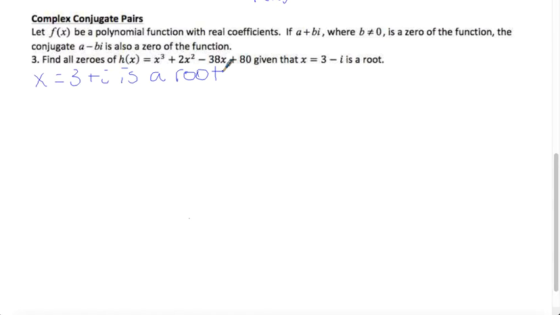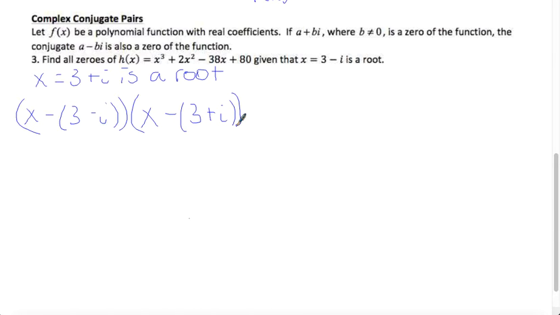So we know two of the factors are, in fact, x minus (3 minus i) is a factor, and x minus (3 plus i) is a factor.